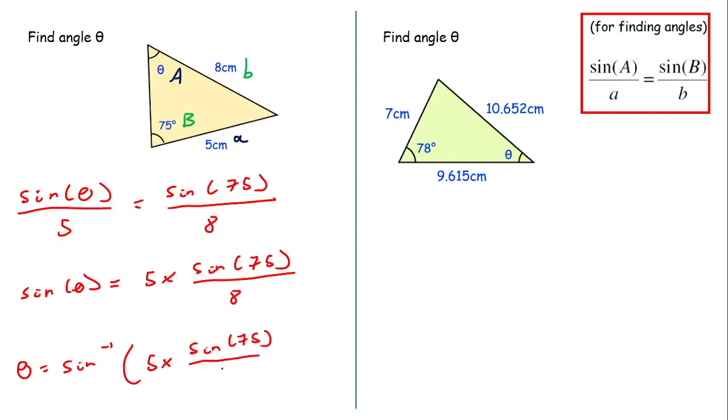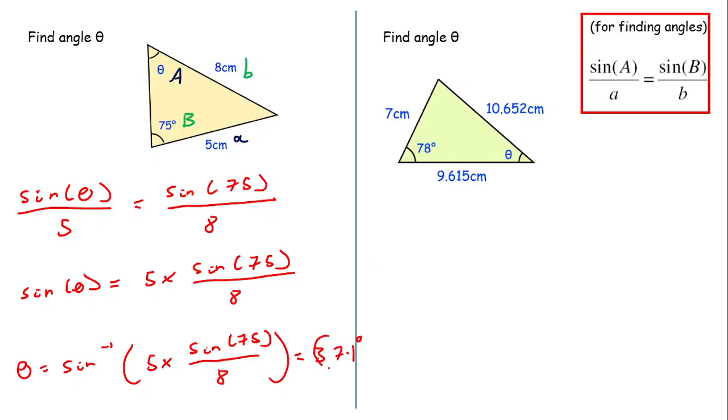Okay, over 8. And again, this part here, you could write as a decimal now, but I'm not going to, because actually I think it makes it a bit trickier. If you've got a good calculator, so a Casio, it's much easier just to write it in like this. Okay, let's do that. So sine inverse 5 times sine 75 over 8, which is 37.1 degrees.